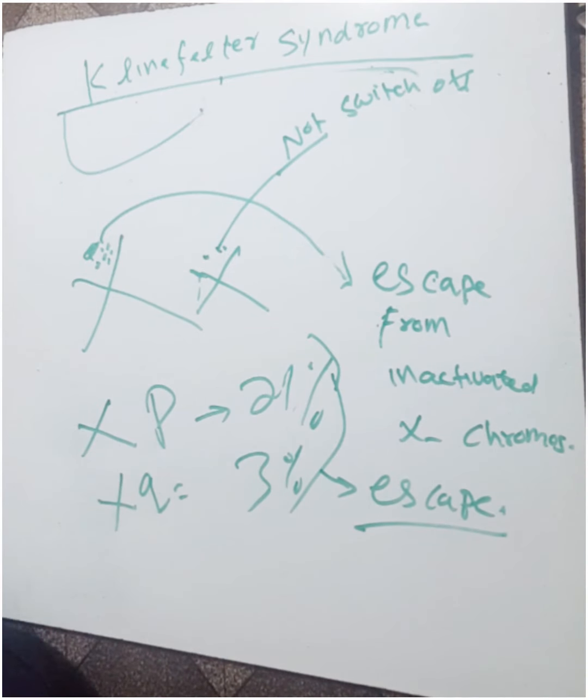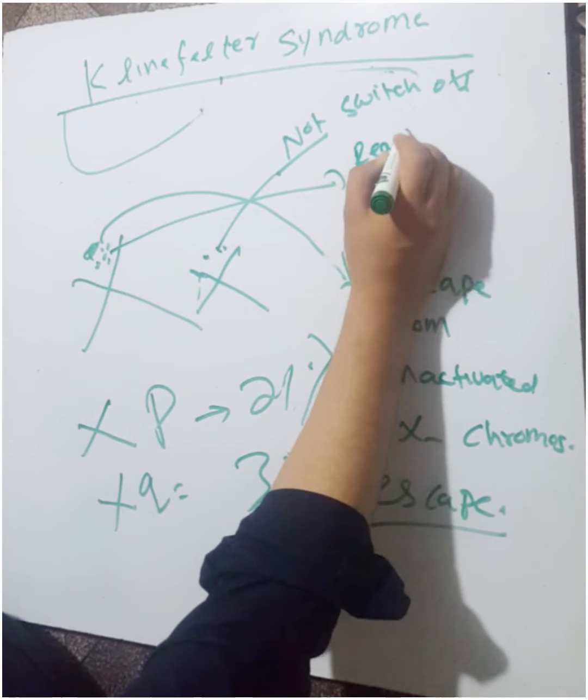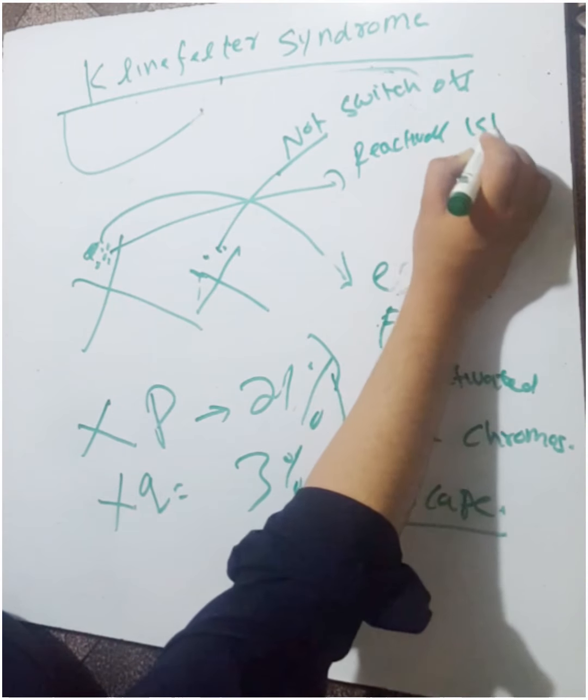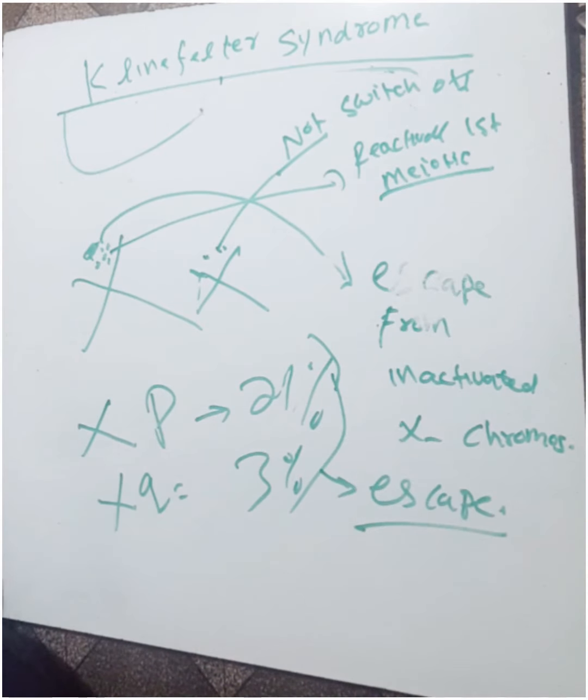Normally, this inactivated X chromosome becomes reactivated at the first meiotic division of oogonia.